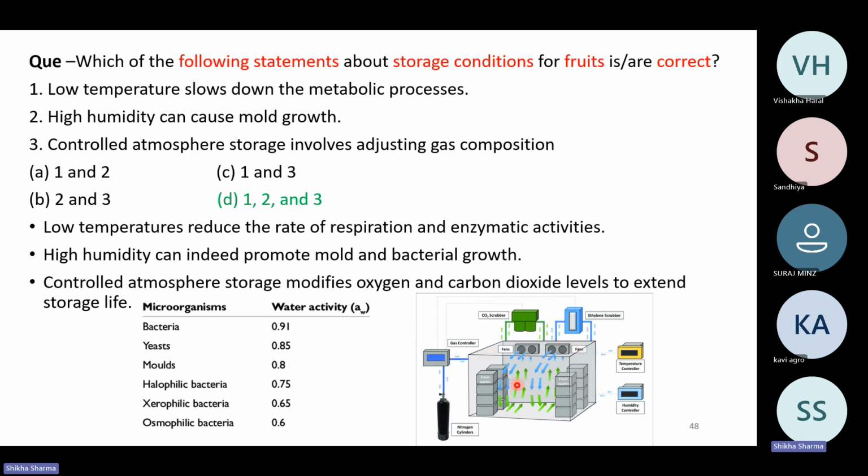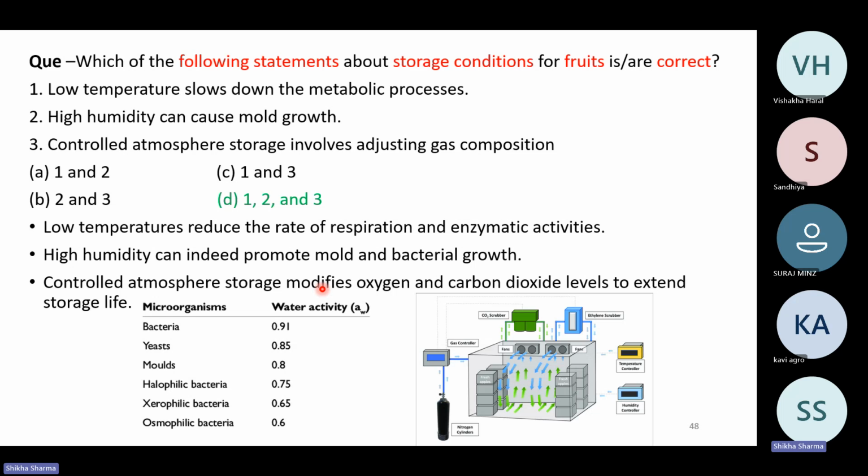From this diagram, on the right side bottom, they are showing apples. Basically, apples undergo cold atmosphere storage. Apples grow in India in the winter season, and at the end of winter season they'll be harvested and put in the cold storage.